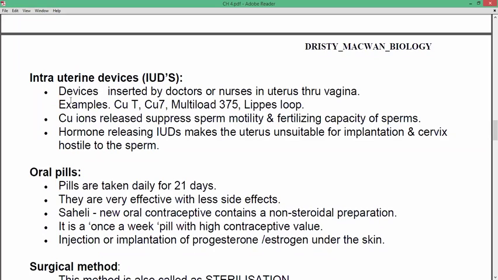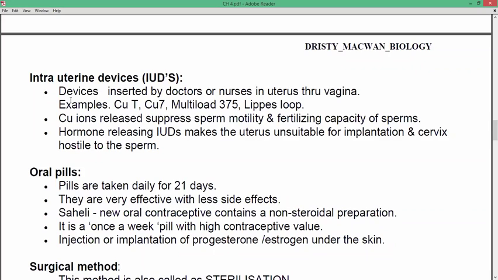Next, there are several examples of IUDs, right? Here are the examples: copper T, then CuT, that is copper 7, then Multiload 375, Lippes loop. These are all examples of the IUDs, right? The copper ions are released which suppress the sperm motility and fertilizing capacity of sperms.